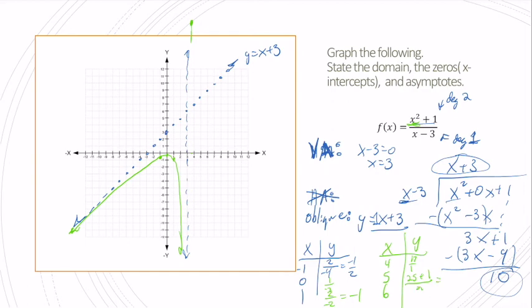So when x is 5, y is 13, just like up here. When x is 6, I've got 36 plus 1, which is 37, over 3, which is 12 and 1/3, so it gets a little bit closer. So I've got kind of this going on. You can see my graphs always approach my asymptotes, but they never cross them.